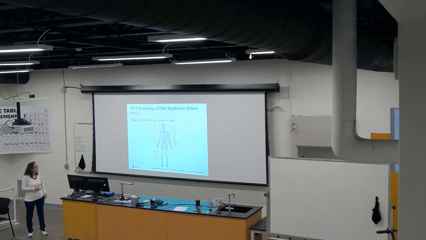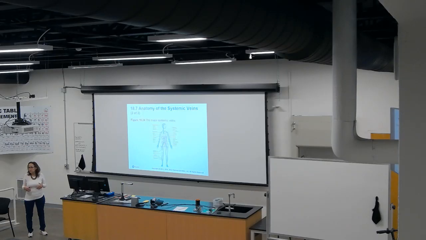So here we have the greater saphenous, the lesser saphenous below the knee, and then we have the popliteal, femoral, anterior and posterior tibial, and they merge and form the external iliac, which anastomoses with the internal iliac, and then they form the common iliac.